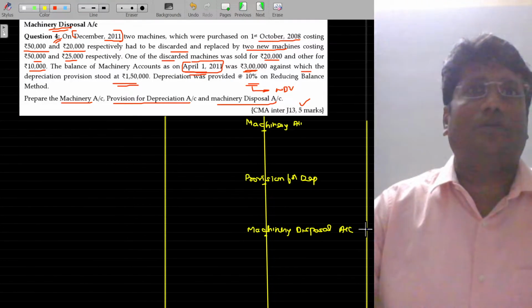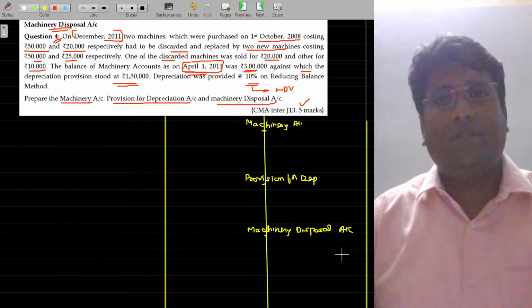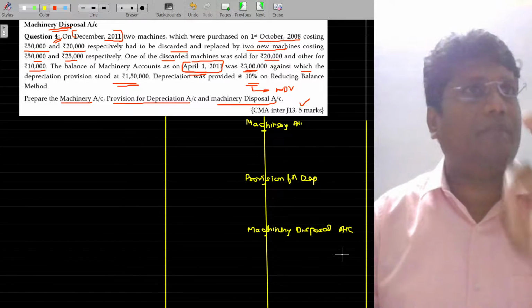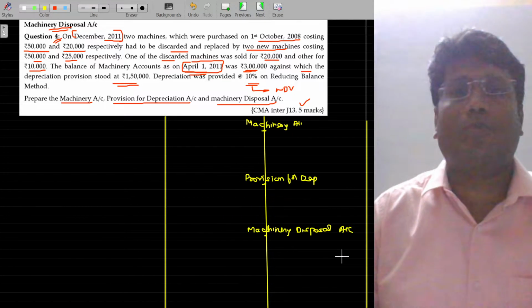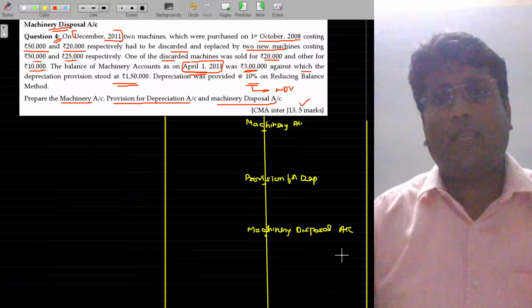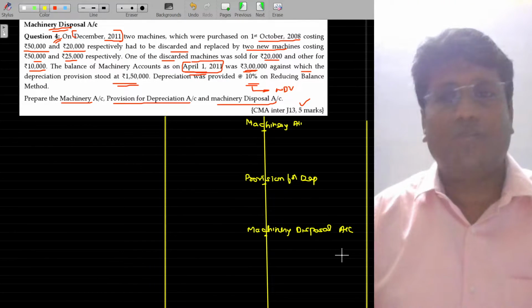Whenever any asset is sold and it is routed through the machinery disposal account, the value of the asset sold will be transferable from that concerned asset account to machinery disposal account. And accumulated provision should also be transferable from the provision for depreciation to machinery disposal account.